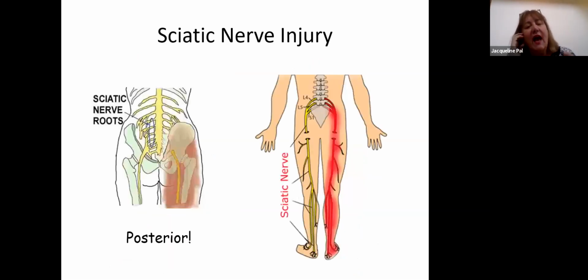So, the sciatic nerve often gets injured when we have a ruptured disc in the lower lumbar area because it impinges on this nerve. And so that is going to give you a pain posteriorly, a pain in your buttock area and or traveling down your posterior thigh where the branches are.